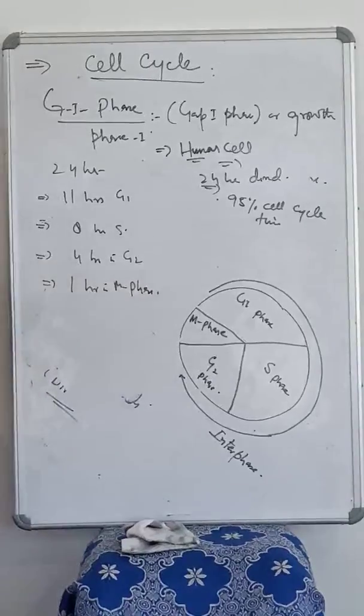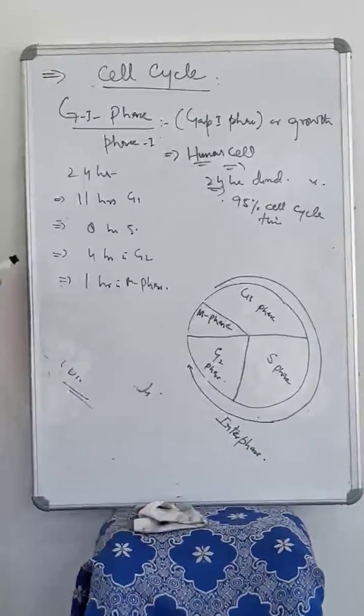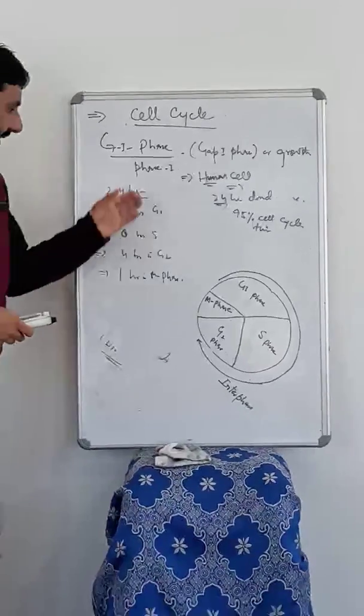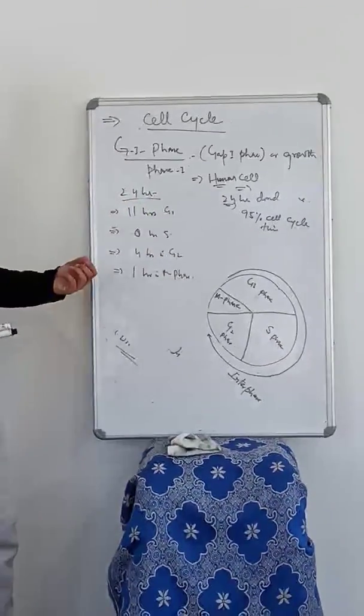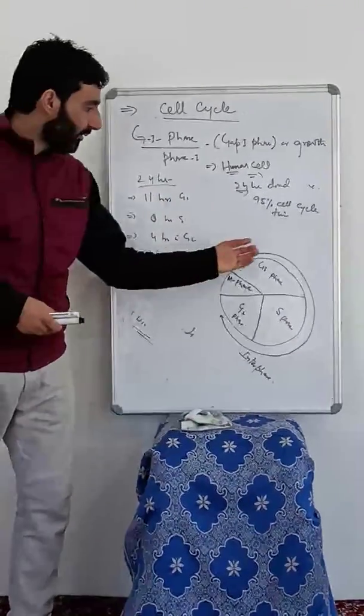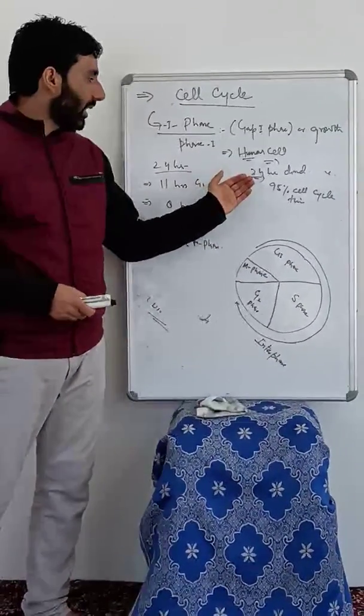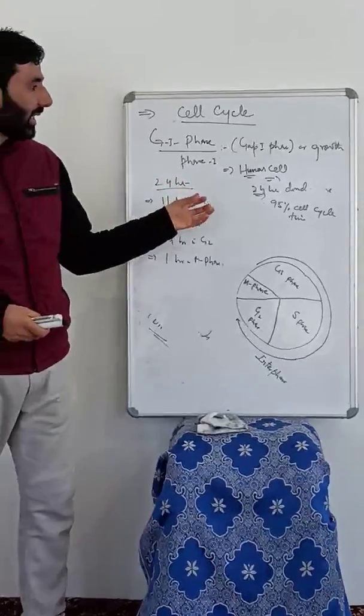So you can now see the 24-hour cycle, and how the time is utilized in the interphase and in the whole cell cycle. A normal human cell takes an approximately 24-hour cell cycle.